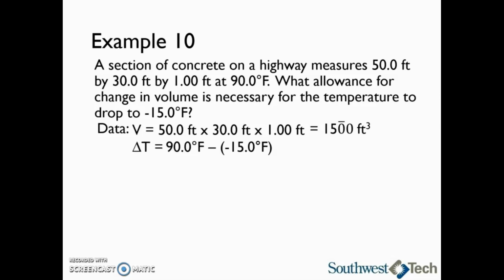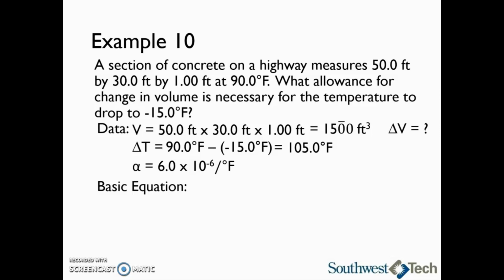We can also find delta T, the change in temperature, by taking 90.0 degrees Fahrenheit minus a negative 15.0 degrees Fahrenheit. So that gives us a change in temperature of 105.0 degrees Fahrenheit. Alpha, the coefficient of linear expansion for concrete, is 6.0 times 10 to the minus 6 per degree Fahrenheit. And in this problem, we are trying to find delta V, the change in volume.